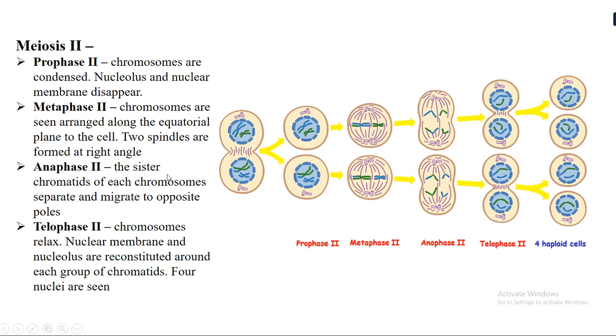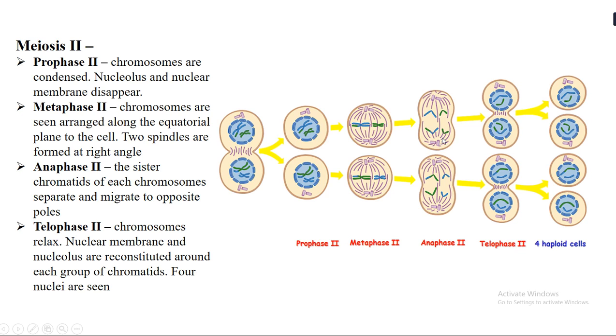In anaphase 2, the sister chromatids of each of the chromosomes separate and migrate to opposite poles. So if you can see over here, the sister chromatids are separating and migrating to two opposite poles.